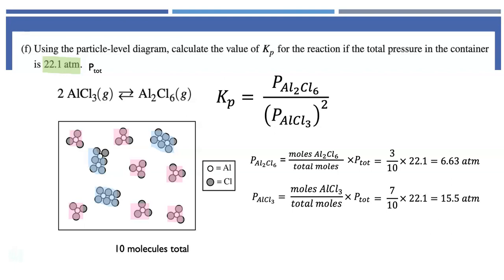Now that I've got these partial pressures, I'm going to substitute them into my Kp expression. I'm going to remember to square the partial pressure of the AlCl3 because I need to square it, and that's a thing students often will forget to do. I'm going to evaluate that, and I get an answer of 0.0276. That was worth 1 point. A lot of work for 1 point, right? That's the way it goes sometimes.